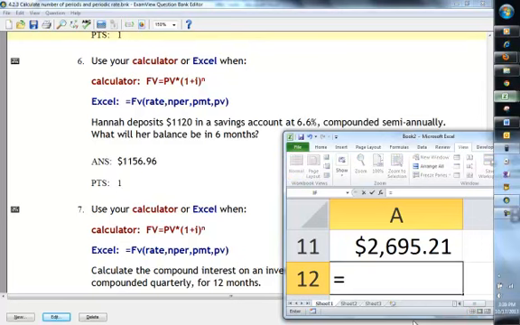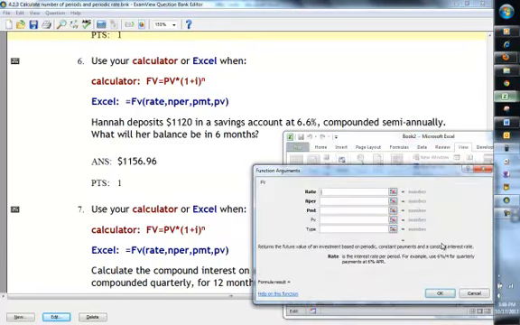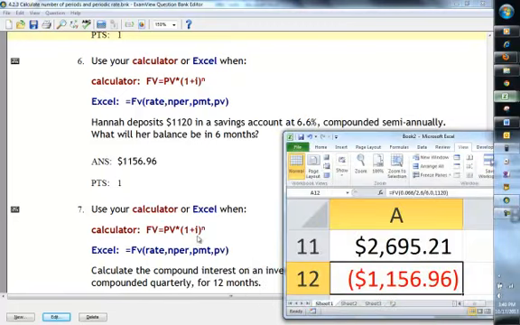So equals future value, and we've got 0.066, half a year, and 6 months divided by there's 6 months in half a year, or in other words, it's only one compounding, no payment, and we have $1,120 at the beginning. So we will have $1,156.96 at the end.